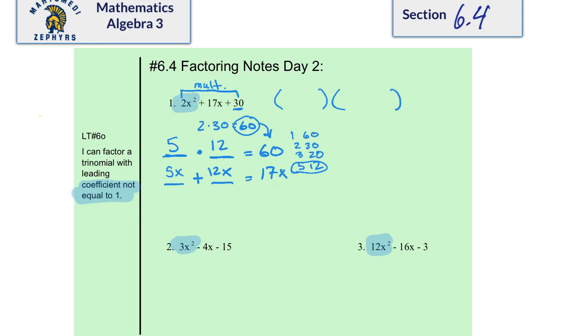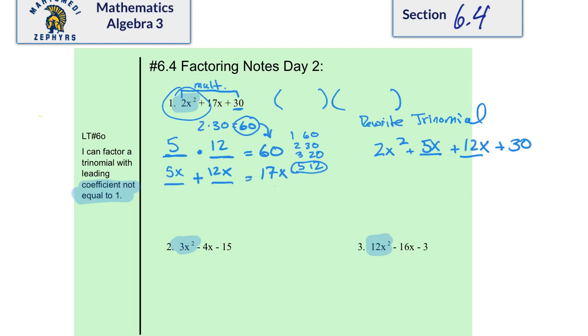Now, once I have those numbers, again, these problems are done differently because the leading coefficient is not 1. I need to rewrite the trinomial. I'm going to keep the 2x squared, but now I'm going to split that 17x up into the two numbers that I got, 5x and 12x.